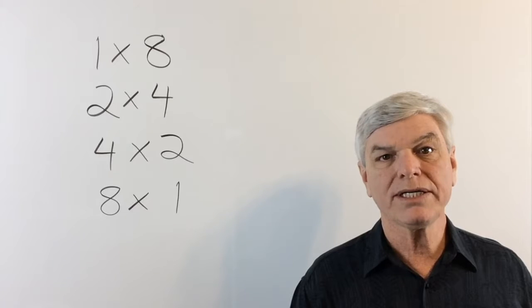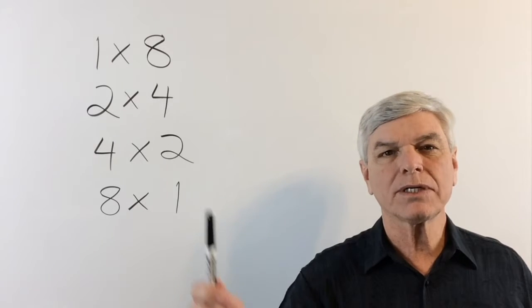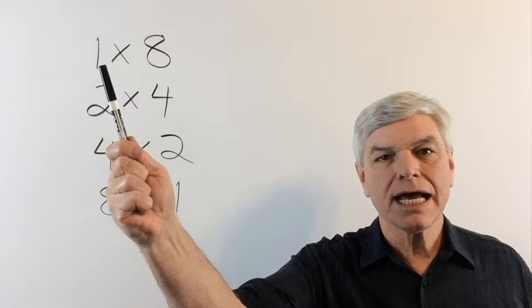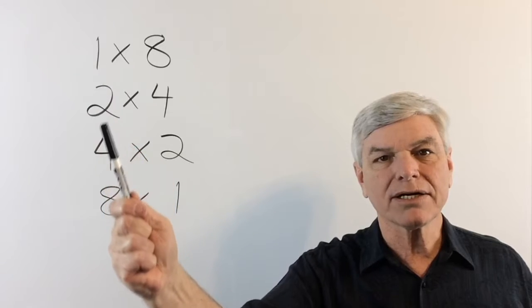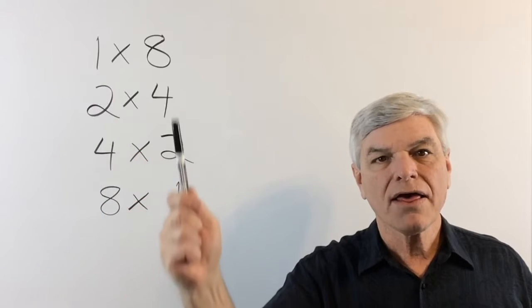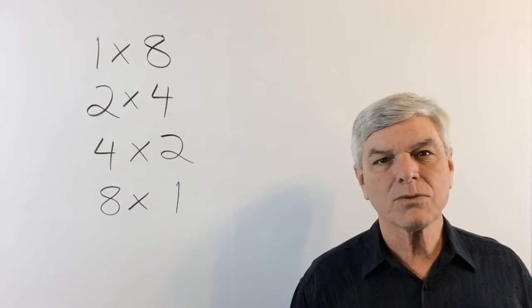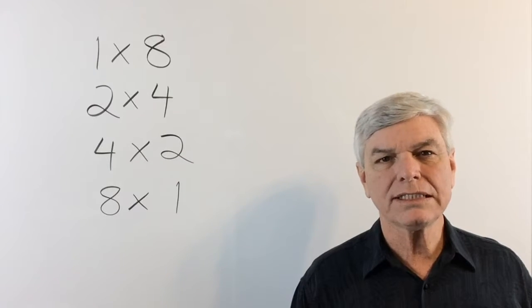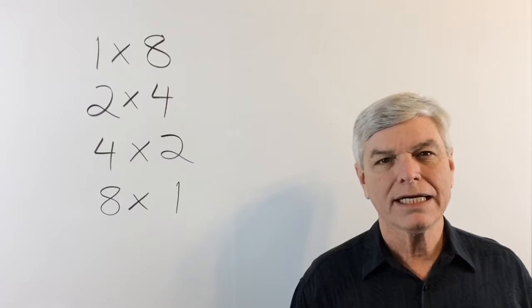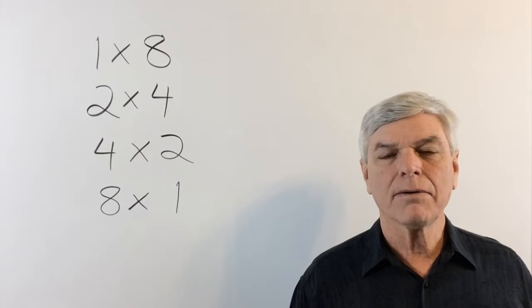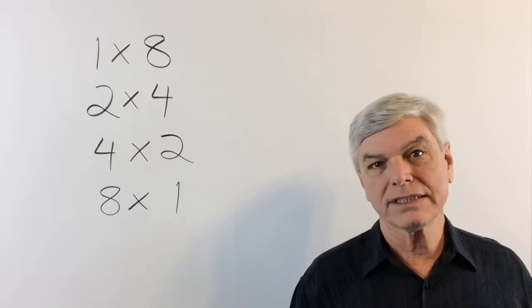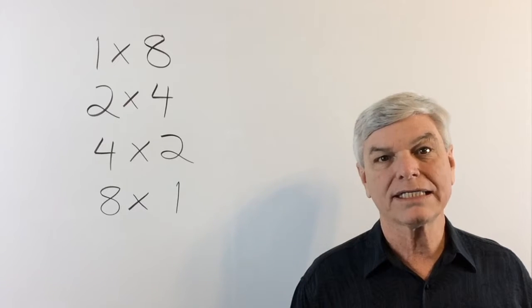And so what did we do? The same thing that we're doing here. Do you see? As this number gets bigger, this number has to get smaller. And that's just the way multiplication works. And so it's easier to think of it that way: as our number is getting smaller, our exponent has to get bigger.